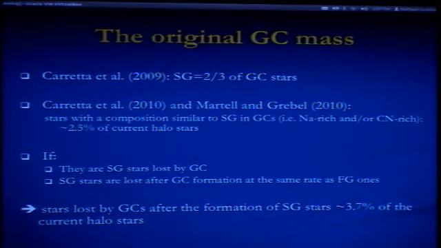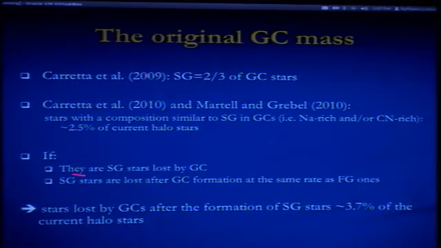Okay, but come back to the fact that 2/3 of the stars in globular clusters are of second generation. Stars with a composition similar to the second generation in globular clusters make up 2.5% of the stellar halo.